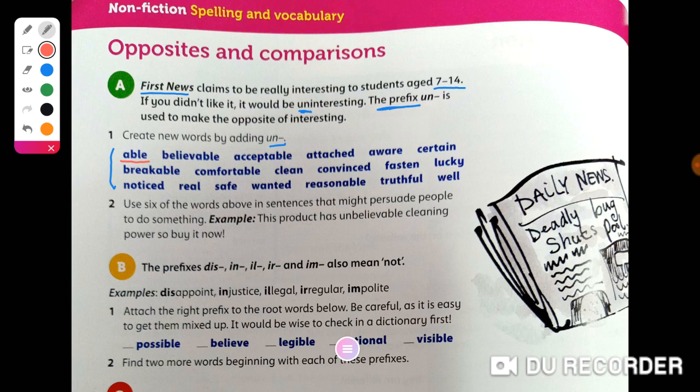Aware, it means that you are paying attention to what you're doing, bearing in mind and attentive to something. Certain means sure. Breakable, easy to break or could be broken. Comfortable, somewhere where you feel really good and relaxed.